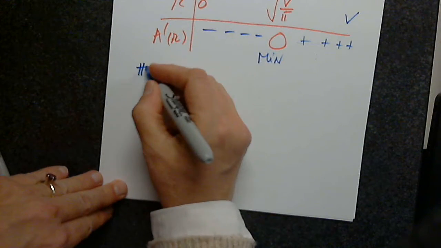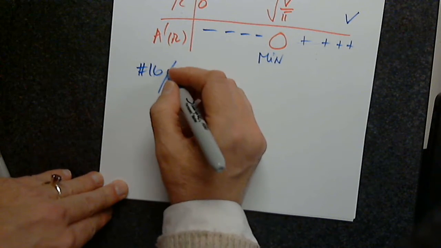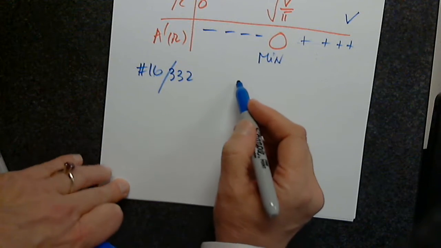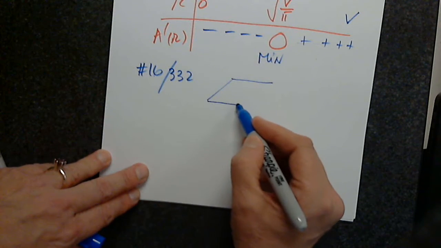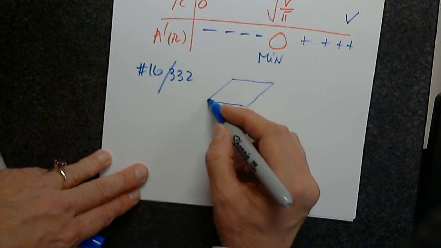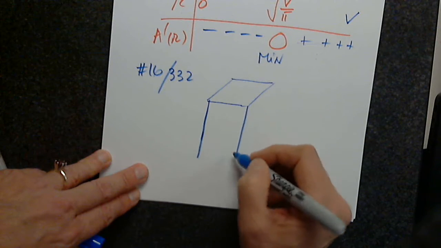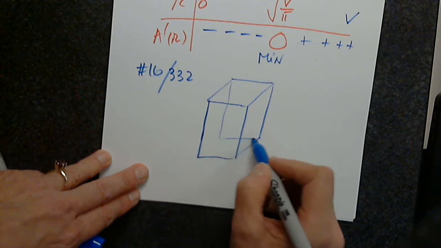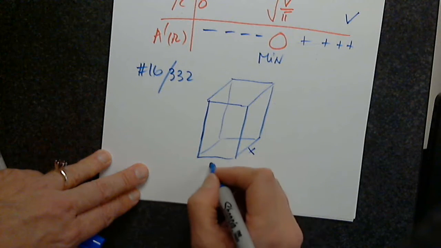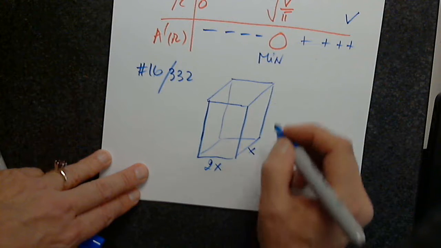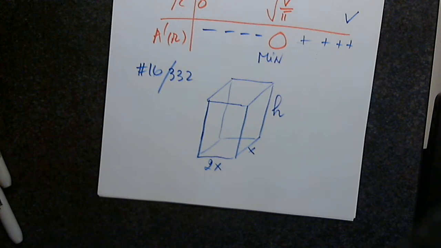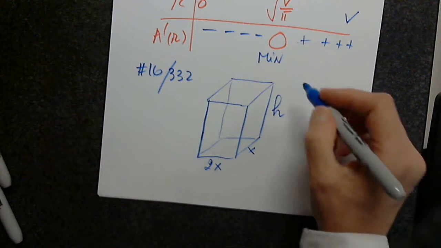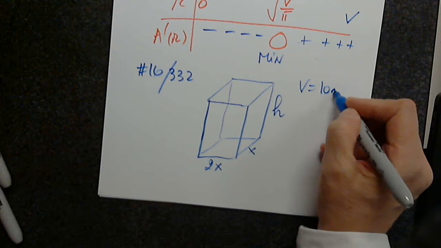So back to page 332. If this is x, this is twice x, and this is the height. So one more time, the volume, 10 cubic meters.